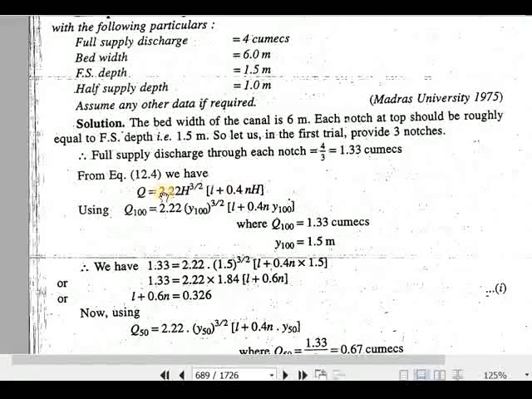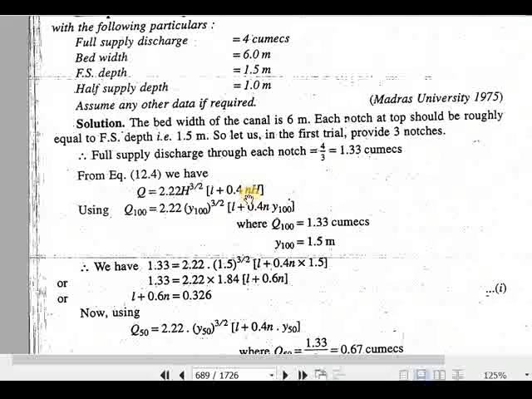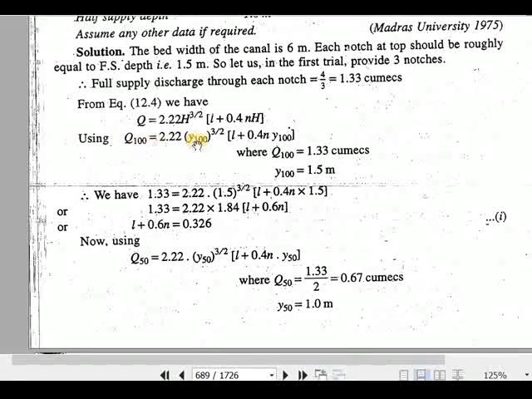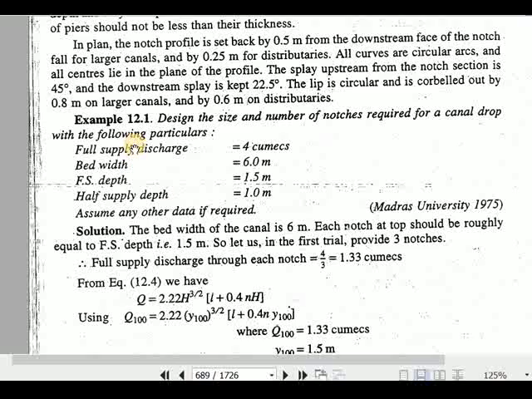We have this equation for this type of weir, Equation 12.4. H is head, N is basically the coefficient, and L is the length of the crest. Now for full supply discharge Q at 100%, we have to enter Y as 1.5, and for half supply discharge we have to put 1.